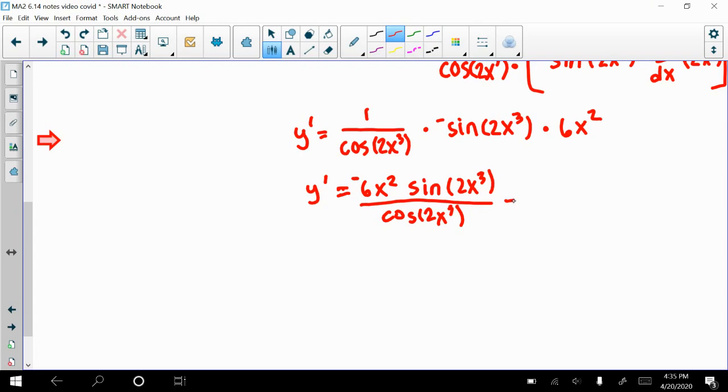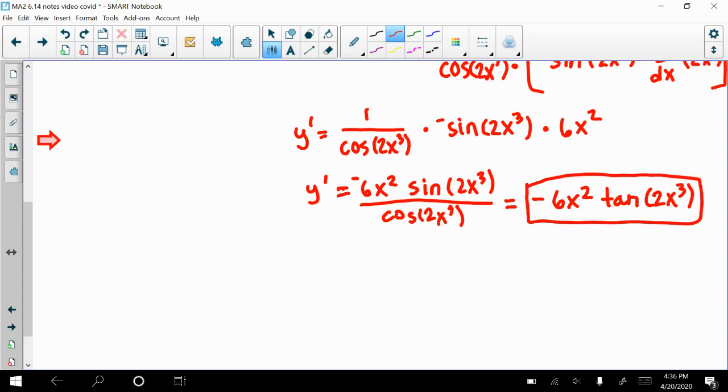And we could even get a little fancier because sine over cosine is tangent. So it's actually negative 6x squared tangent of 2x cubed. And that is using the chain rule.